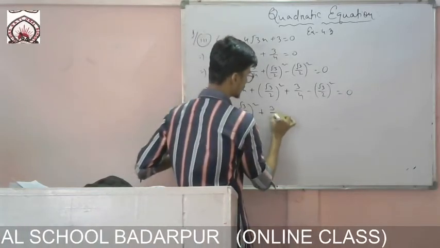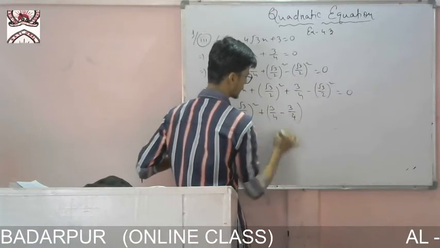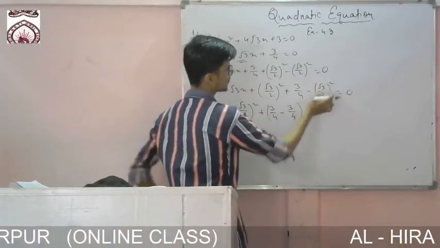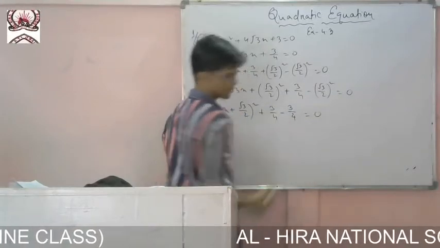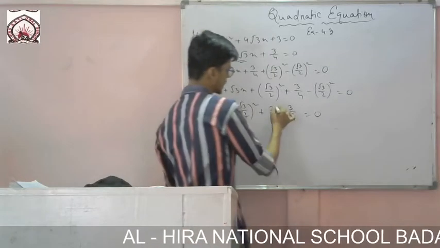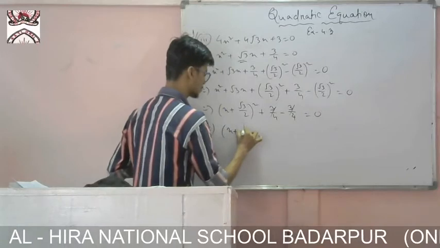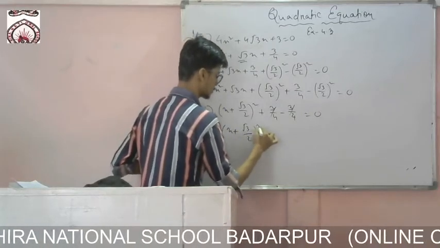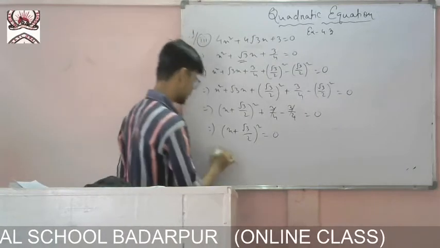It will be 3 by 4 minus 3 by 4. So these two will be cancelled. So it will be x plus root 3 by 2 whole thing square equals to 0.